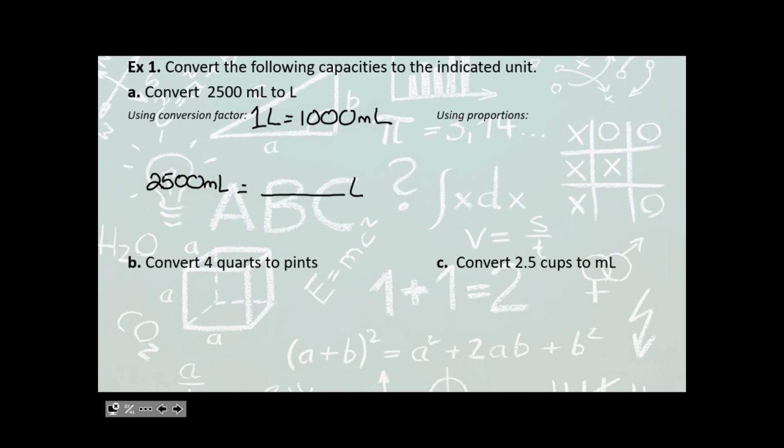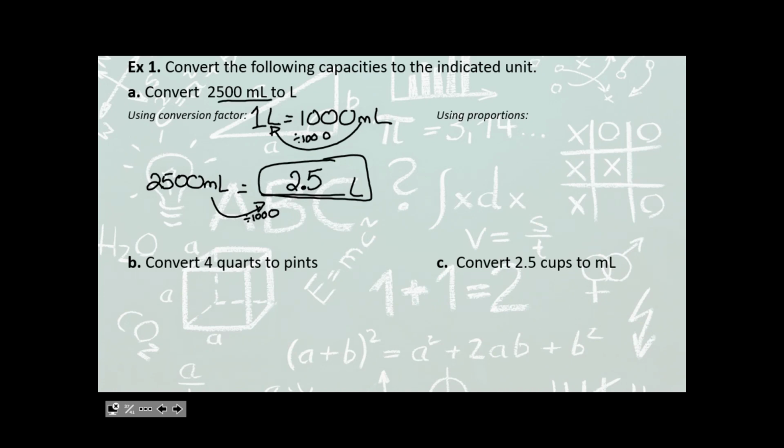Here, we are going from milliliters to liters using this conversion factor, which means I have to go backwards, so I would be dividing by 1,000, which is what I'm going to do here. So 2,500 divided by 1,000 is going to give me 2.5 liters.